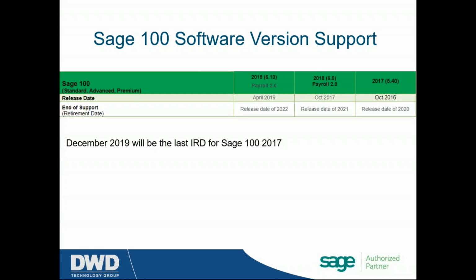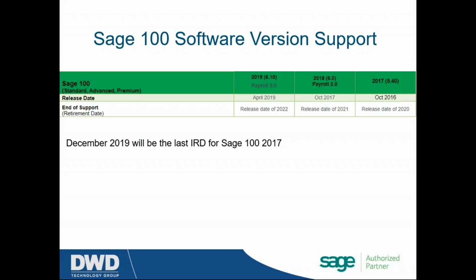DWD Technology Group will support you on whatever version you're on. We still actually have, just FYI, some clients still running the version 3, but we do highly recommend that you do stay current. Do take advantage of the new releases and install them as they come out, so that you can gain all the benefits of the additional functionality that have been added to the software.